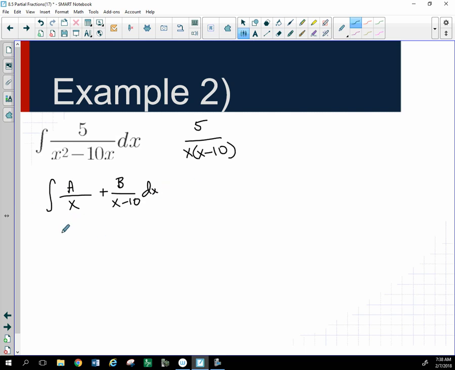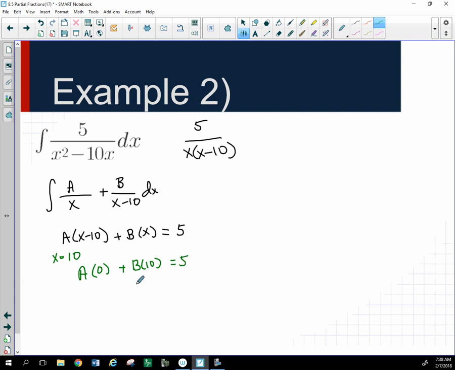So in this case, again, I'm going to multiply these. So a gets multiplied by x minus 10 plus b times x, and that will equal 5 this time because that's the numerator. Now if I go ahead and solve this, I get to pick some x values. A smart x value to pick would be 10 in this case. Picking 10 here gives me a times 0 plus b times 10 equals 5.